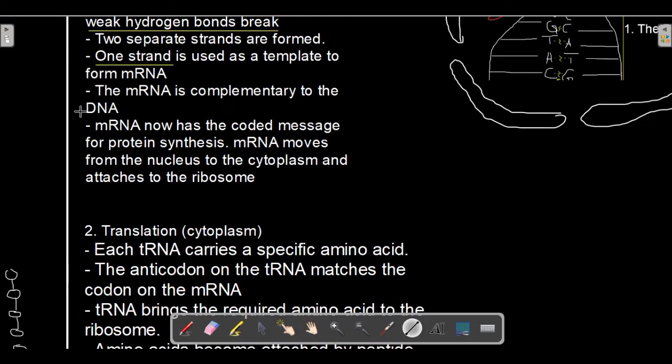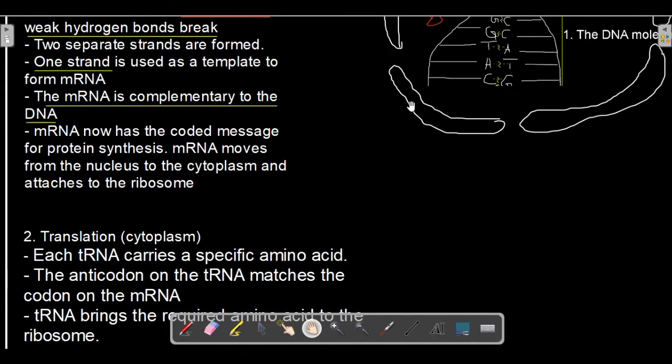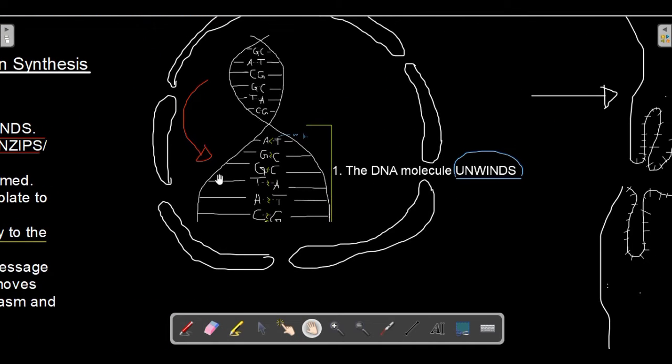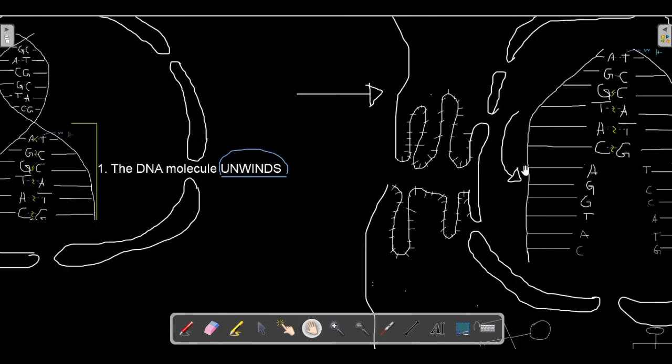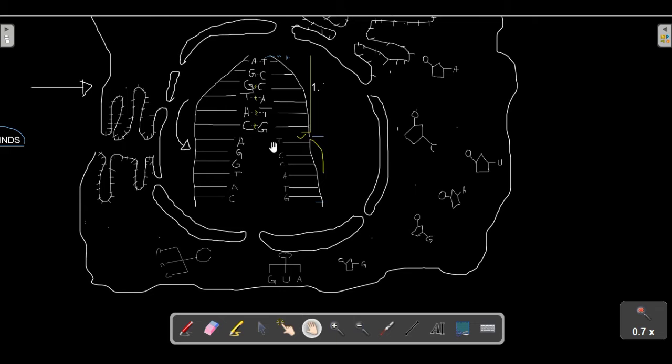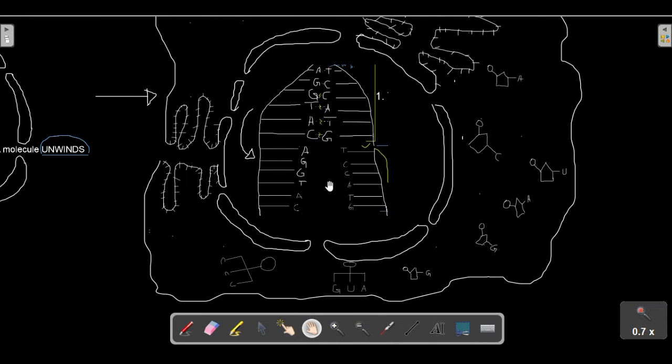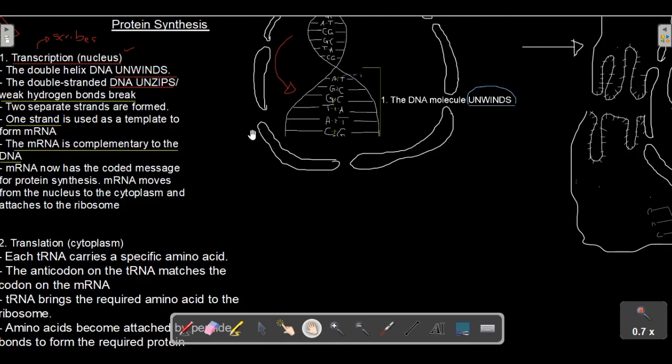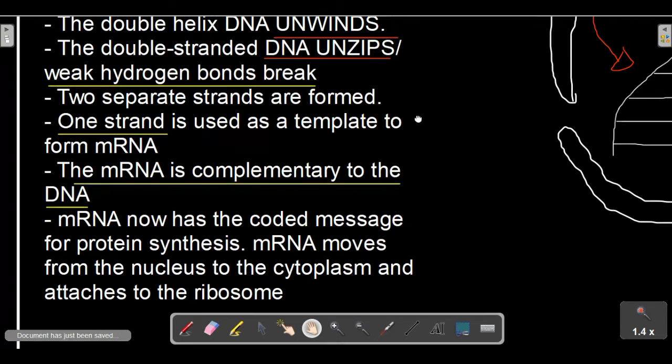And so the mRNA is complementary to the DNA. Or we can say that free nucleotides that are inside this nucleus, in the nucleoplasm, bond there to form the mRNA strand.